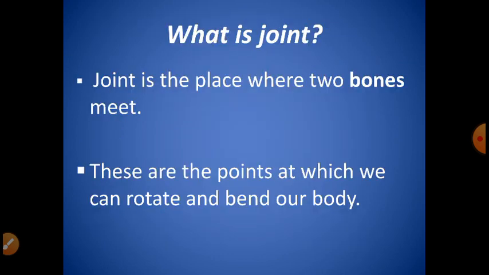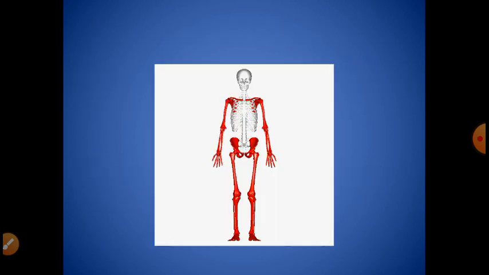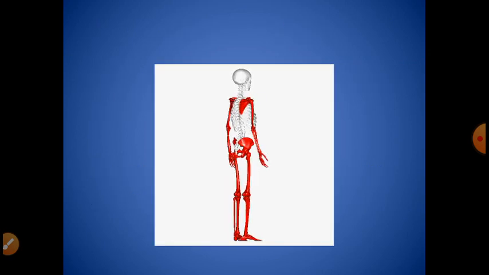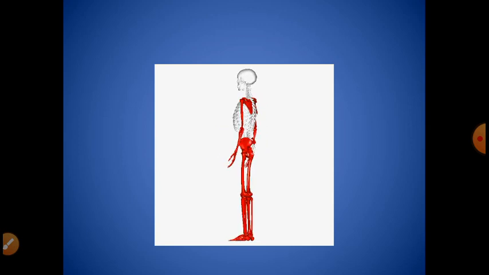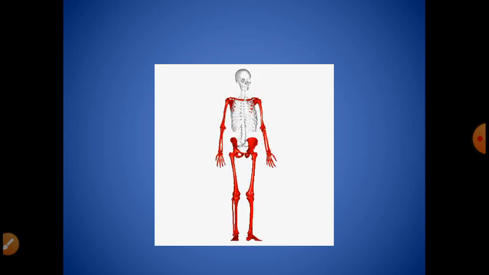Now, let's see joint. A joint is actually the place where two bones in our body meet, and it is the point where we can rotate and bend our body. In this GIF, you can see a skeleton of the human body, which is made up of muscles and various types of bones.